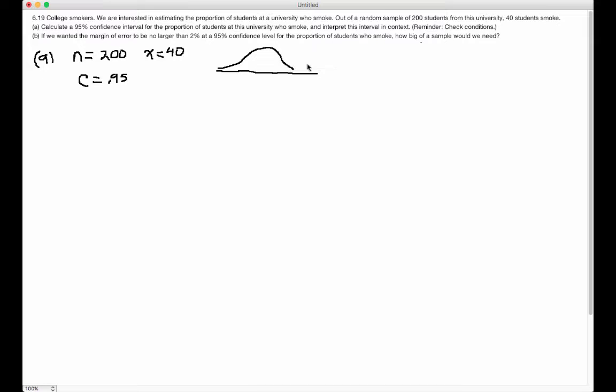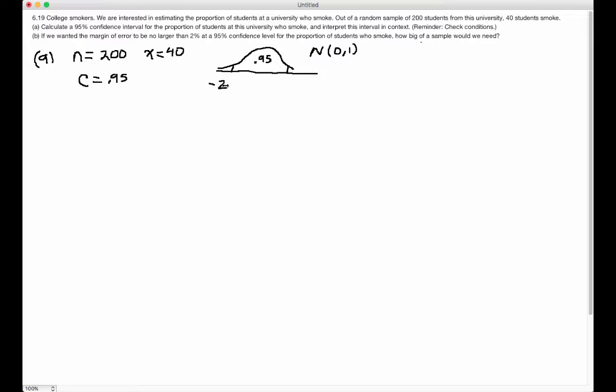If we had the standard normal distribution N(0, 1), and we want a 95% confidence level, then that means that 0.95 is here in the middle of our distribution, and we're going to have a lower and an upper value of z star.